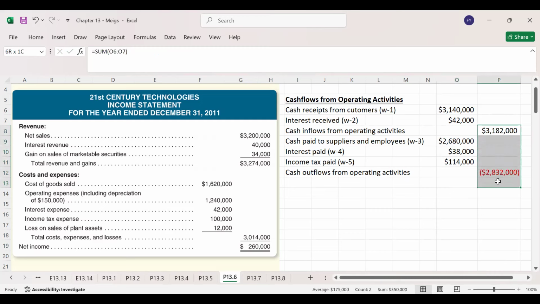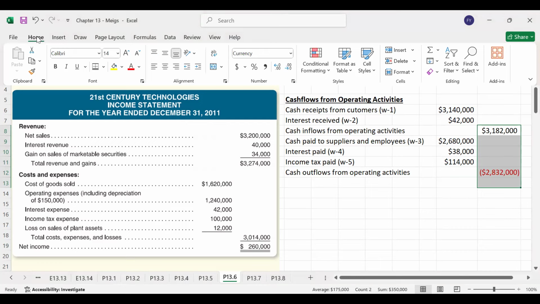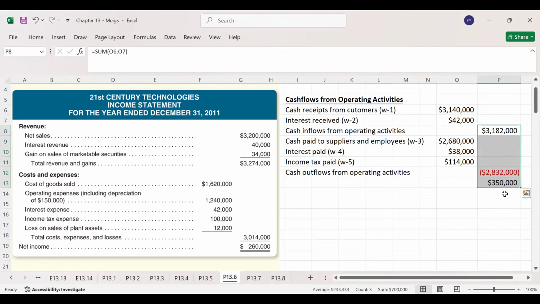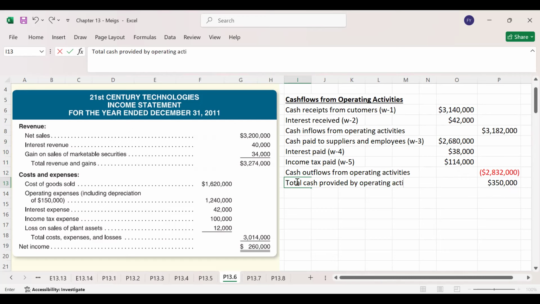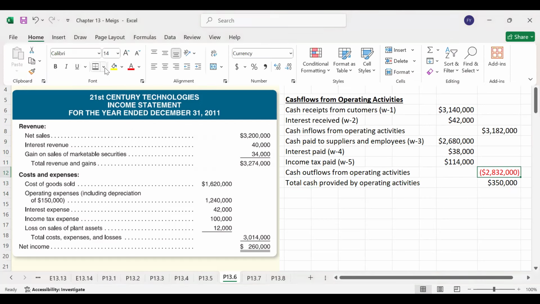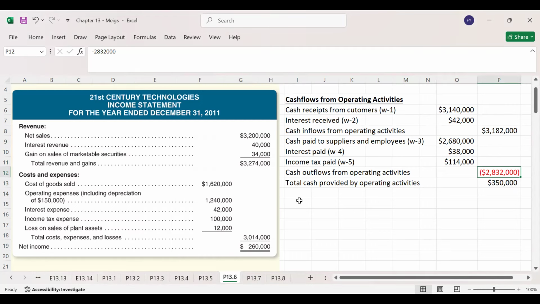So by adding the two, we get total cash used for or provided by operating activities. Here you can see that $350,000. So this is your total cash provided by operating activities, because this is a positive amount. Okay. Then the next one is the calculation of cash flows from investing activities.